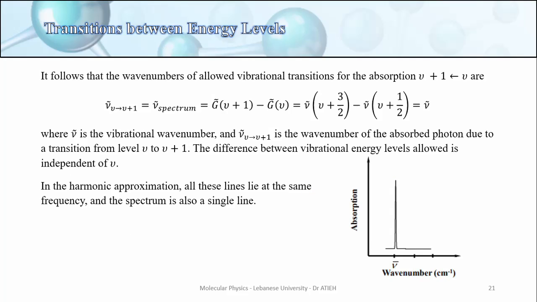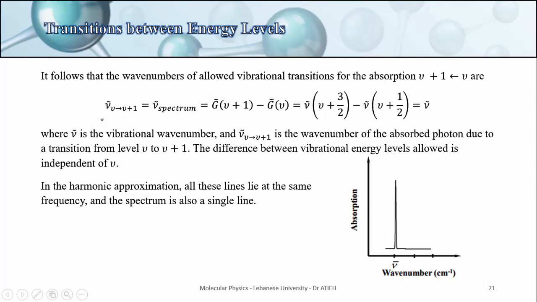Now let's check if our quantum mechanical approach based on a harmonic oscillator is in accordance with the observed experimental spectrum. So let's calculate the wave numbers of allowed vibrational transitions if we go from a level nu to a level nu plus 1. In the case of absorption, we're only allowed to go from level nu to level nu plus 1 because delta nu must be equal to plus 1.